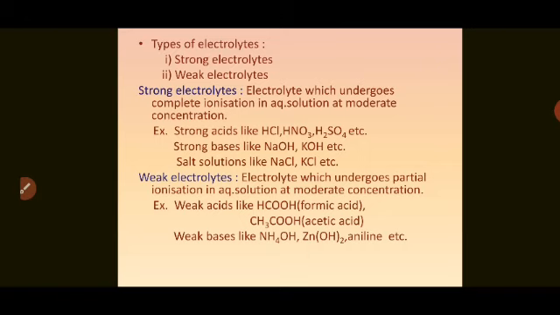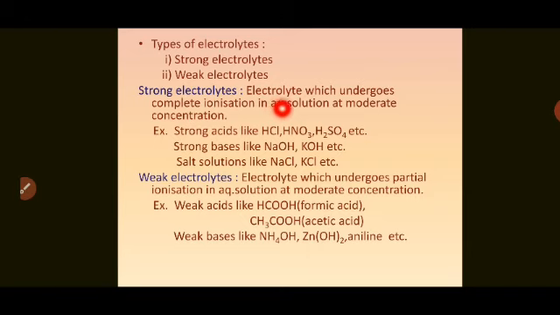As the topic name is electrochemistry, we have to study the electrolytic conductors. There are two types of electrolytes, that is strong electrolytes and weak electrolytes.